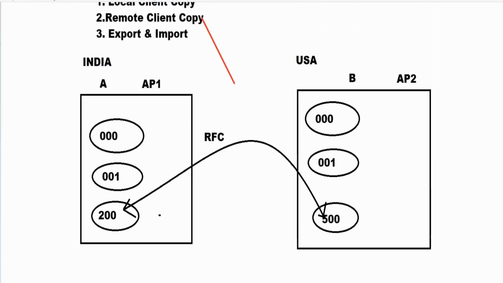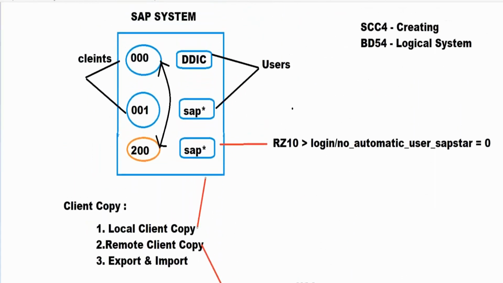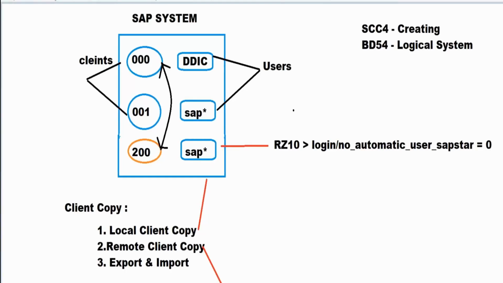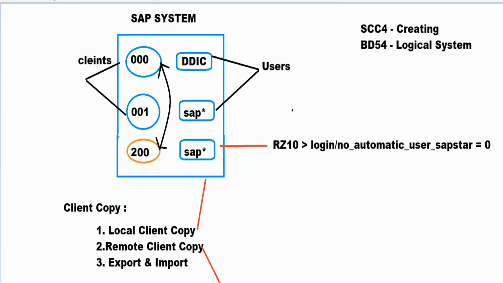Export and import we are going to discuss in the next session. As of now I am doing the local client copy only. For doing this local client copy, we require another T code called SCCL, local client copy.